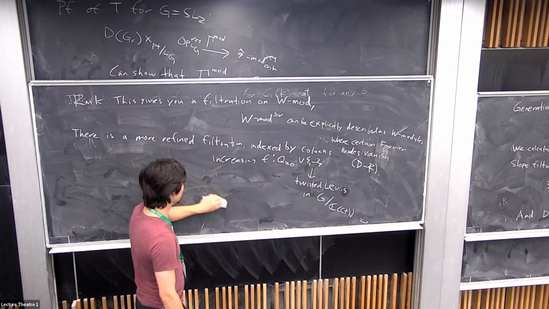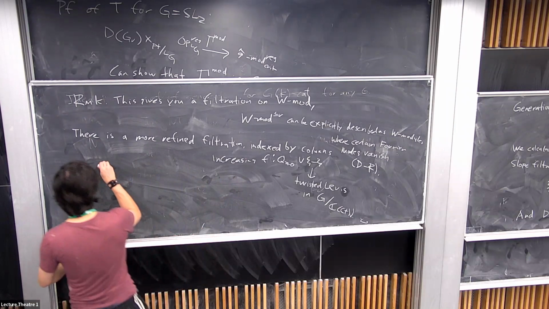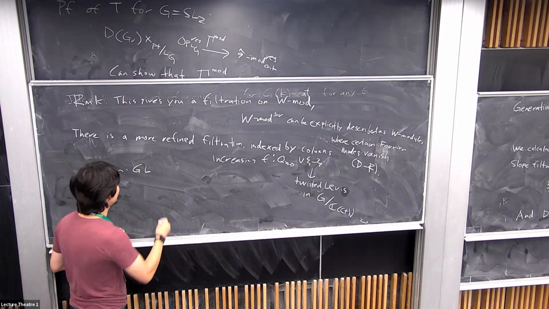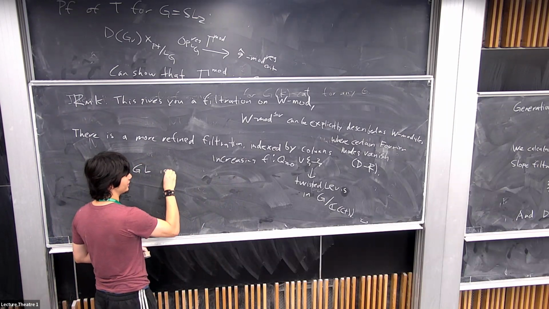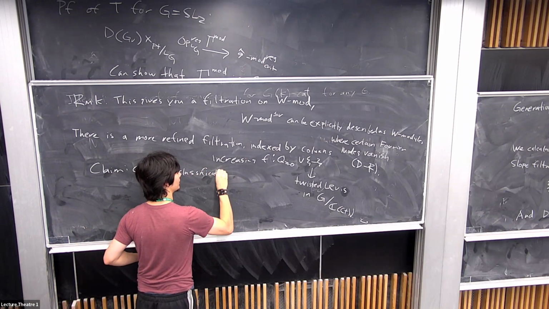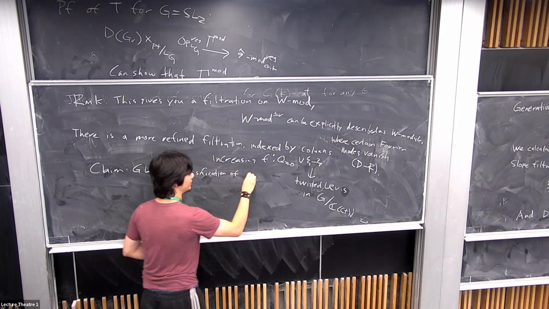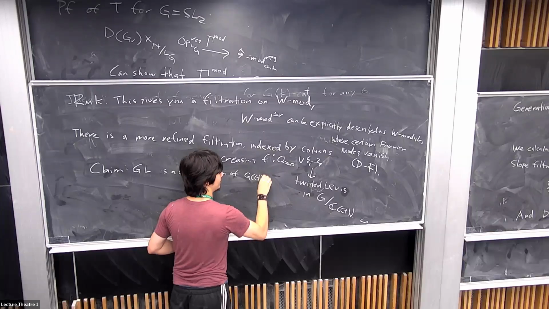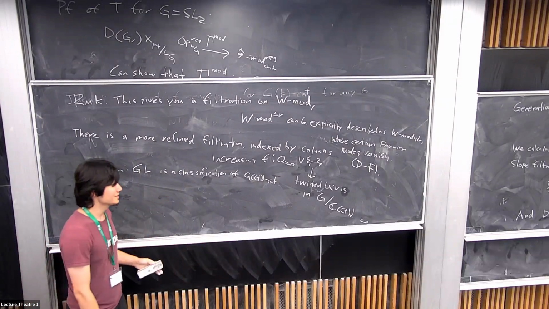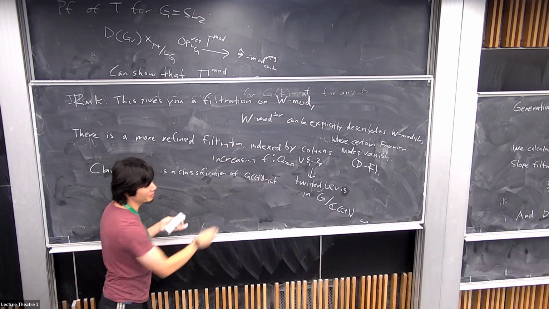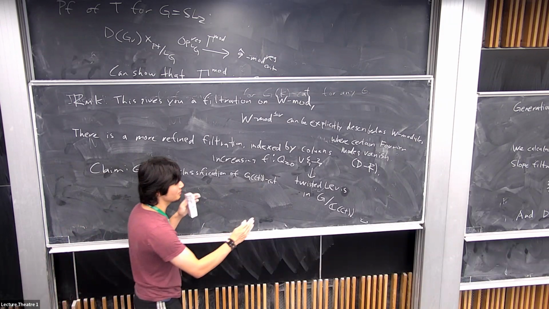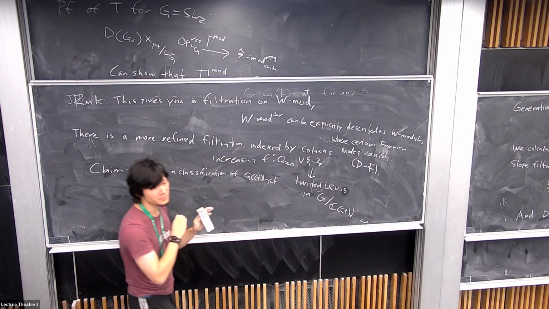And here's the claim for geometric Langlands. Local geometric Langlands is a classification of G-categories with a loop group action. These can be very complicated. My claim is that all of that complexity comes from extension classes between different columns.